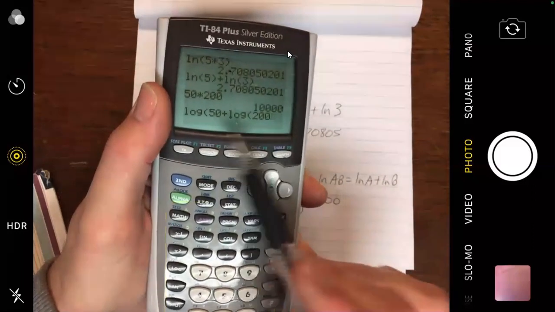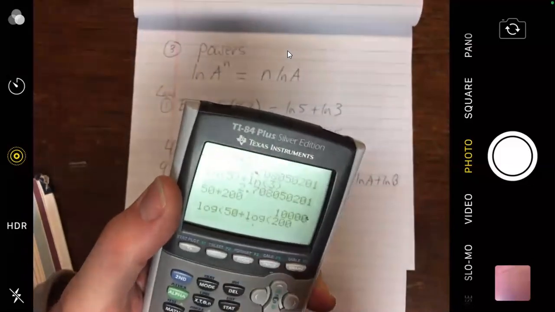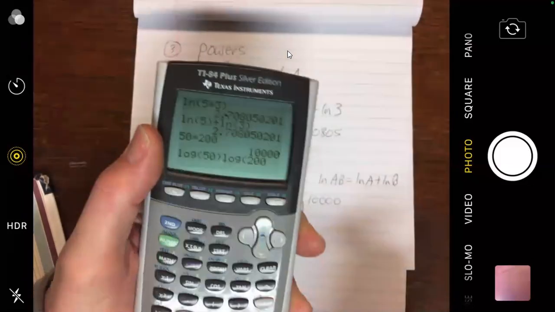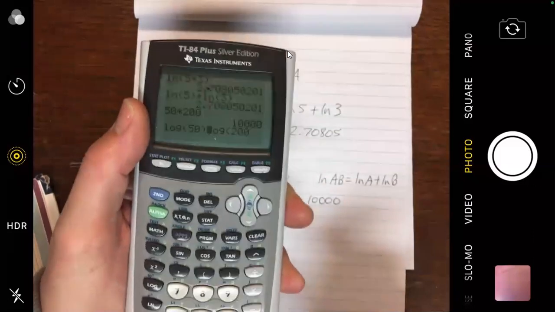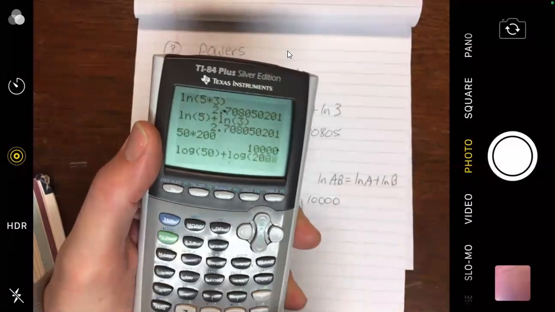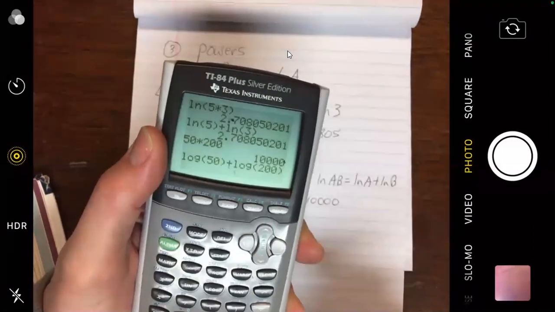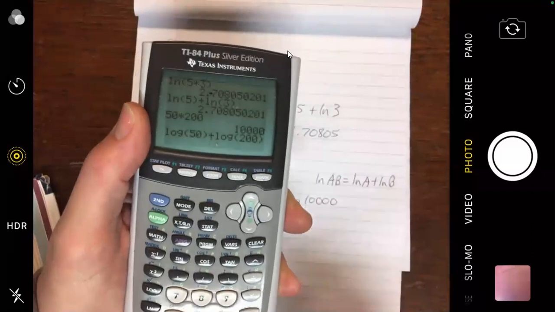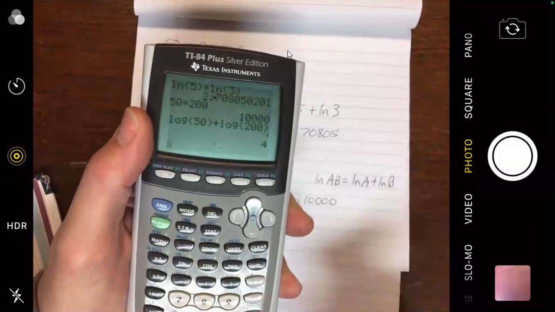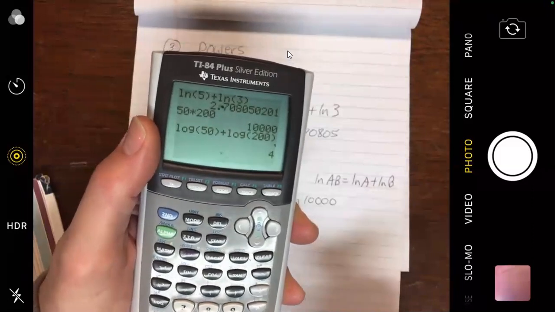So I got to back up, close that parenthesis. All right, now I got to add log 200. Okay.